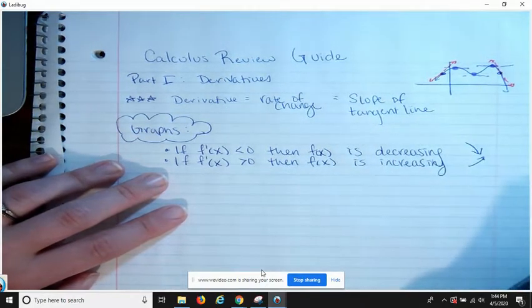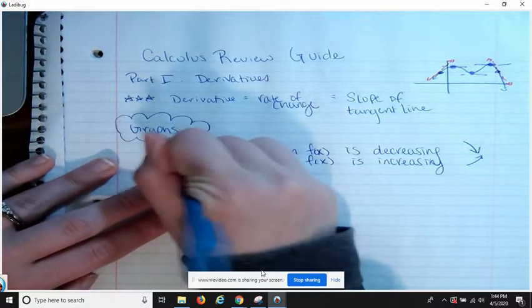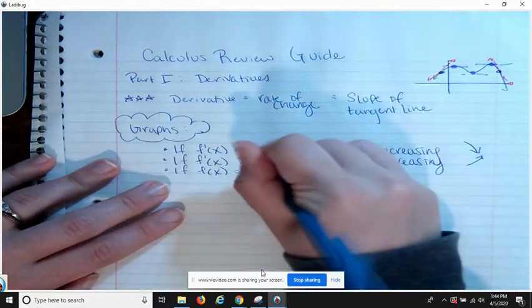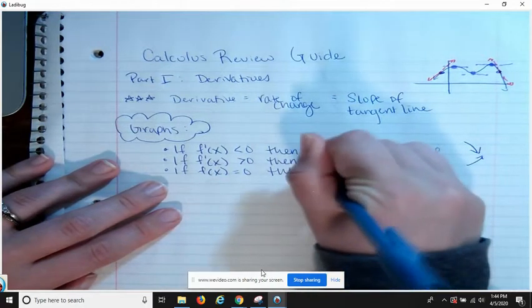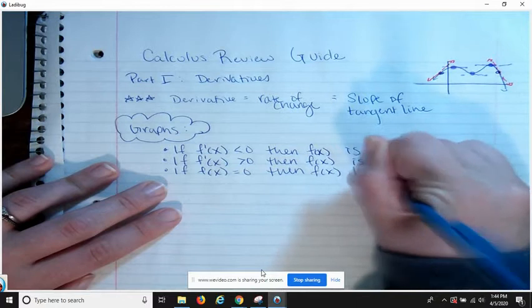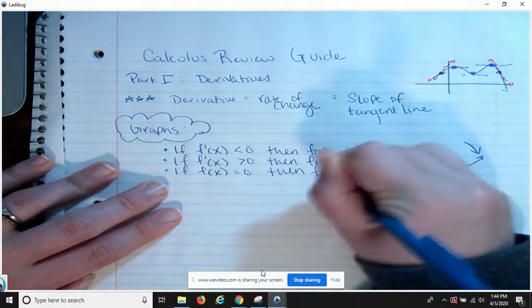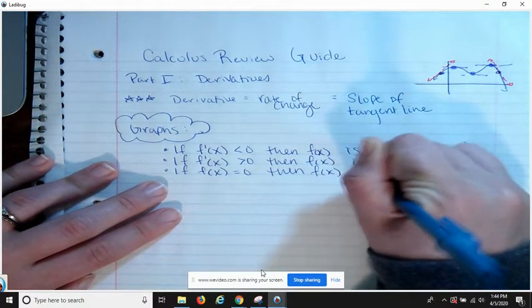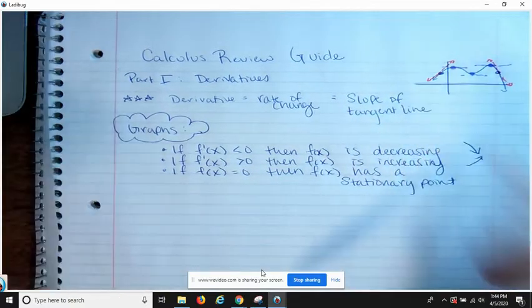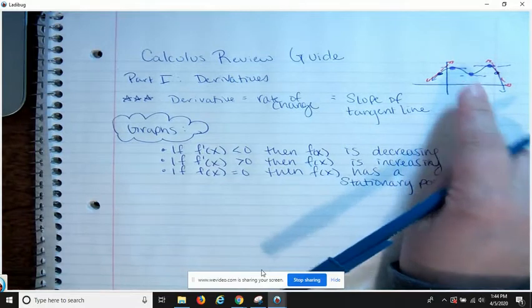Okay, and finally, if f prime of x is equal to 0, then f of x has a stationary point. Okay, this means it's one of these little purple guys up here. Okay, it has slope 0.